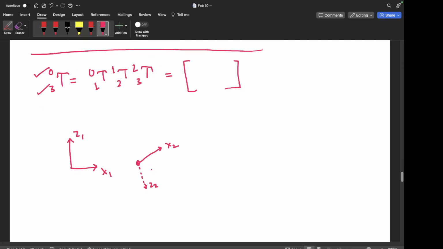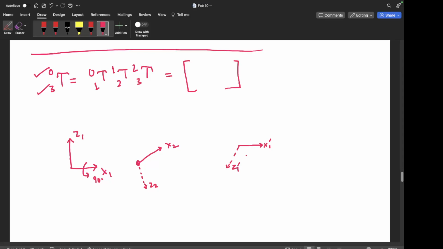We first rotate around x1 by plus 90 degrees. What do we get? x1 will be as it is because we rotated about it, and then our z1 will be here. So this is an intermediate frame. Let's mark it x1 dash and z1 dash. This is an intermediate frame.